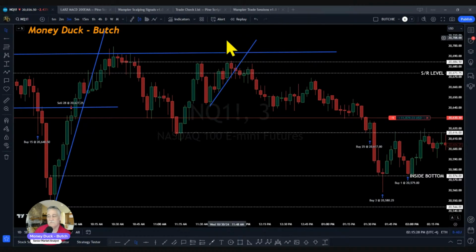Everybody's different. But if you're going to leave runners on, if you leave your runner where it is, and let's say you did enter there, and you had your stop up above the high, okay, you entered there, stop up here, above this high. Let's say you just put, I don't care, guys, 3 micros, 10 micros, whatever.